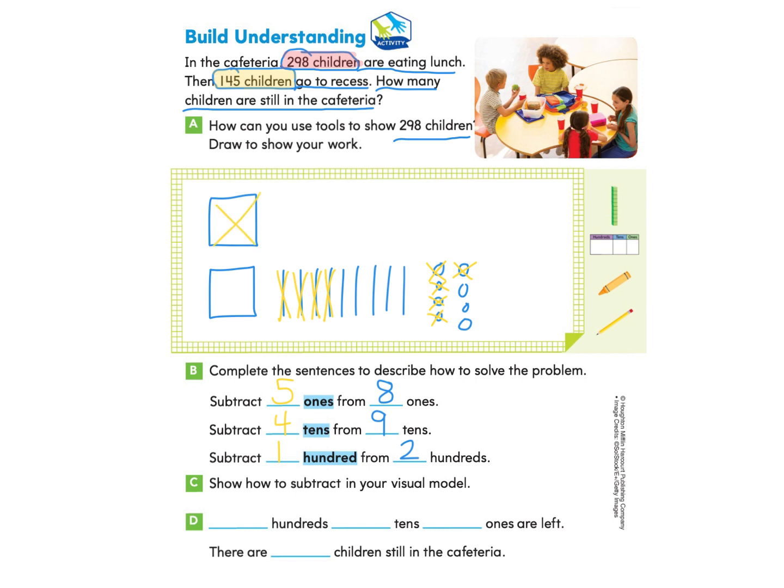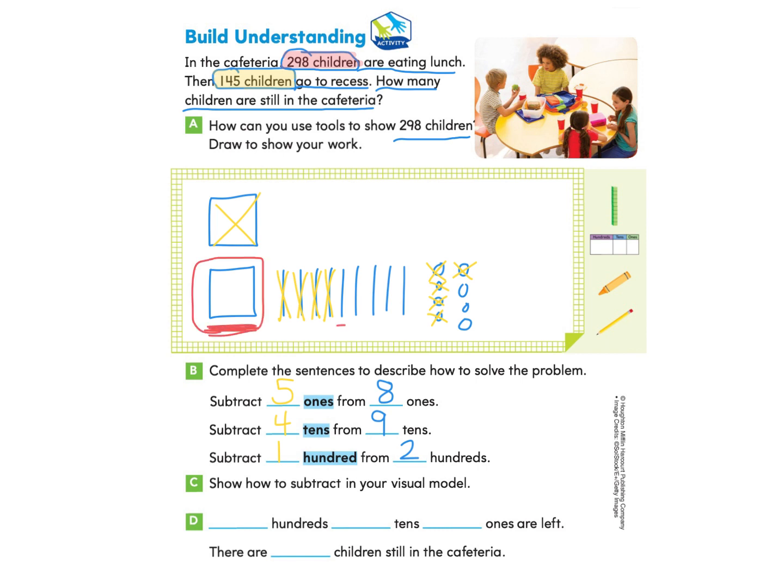Now we can look at part C, show how to subtract in your visual model. We see that we had 298, we took away 145, and what is left? Well, what's left is this 100 here.